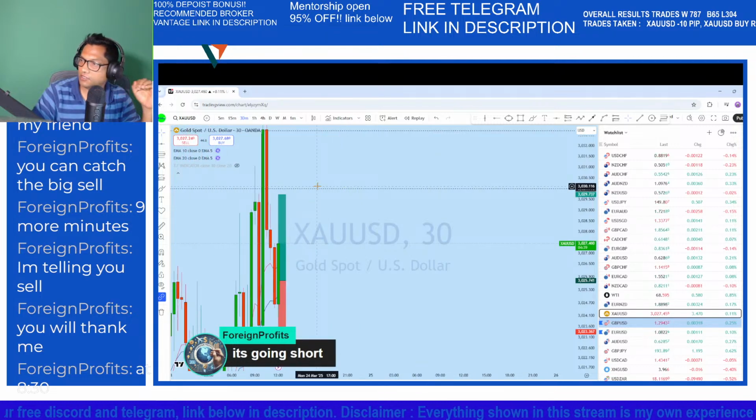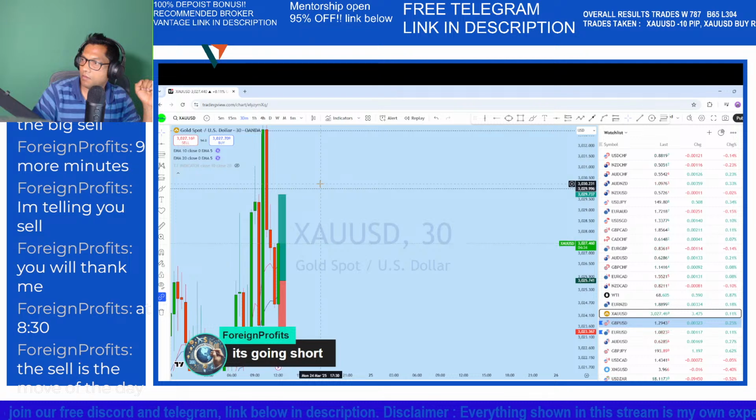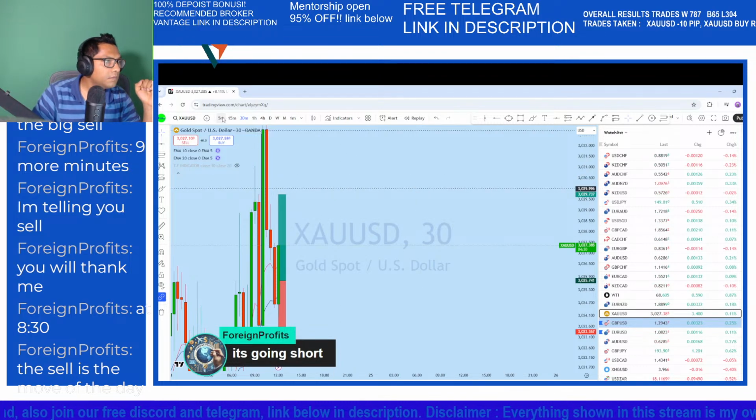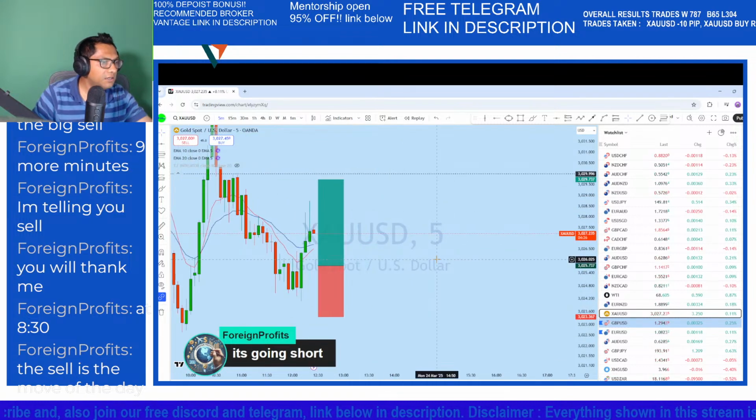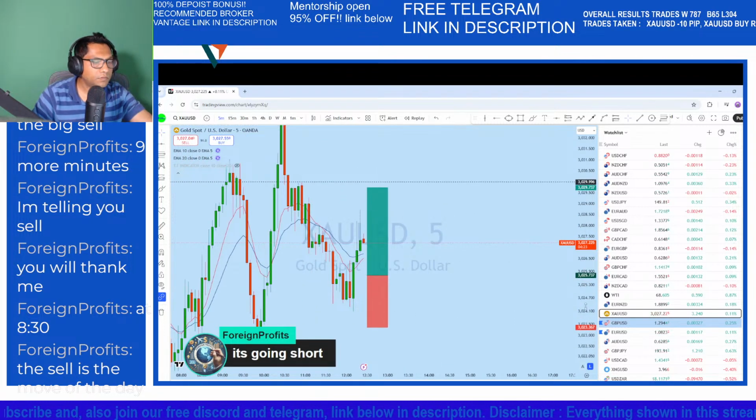Would like to see that it's bullish here. Okay, so you can see there is, on the 5 minute again, a long wick candle.